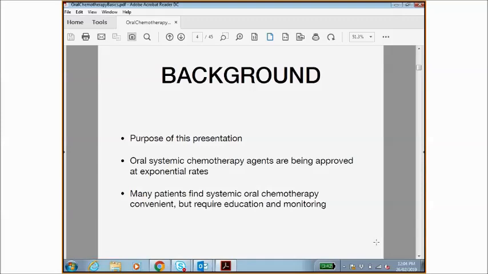So the purpose of my clinical practice activity was to develop an education program mainly for community pharmacists to help them learn more about oral chemotherapy so that they would be more familiar with it, more comfortable, and raise their level of confidence, but also to help them learn about what's going on here at the regional, because I found in community I didn't really know everything that was going on.